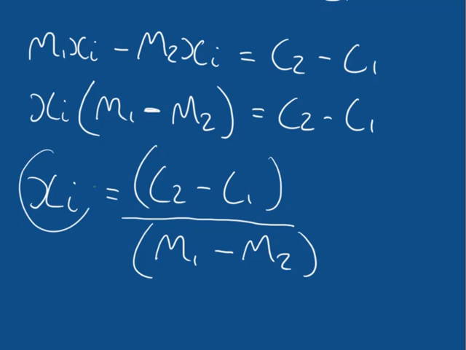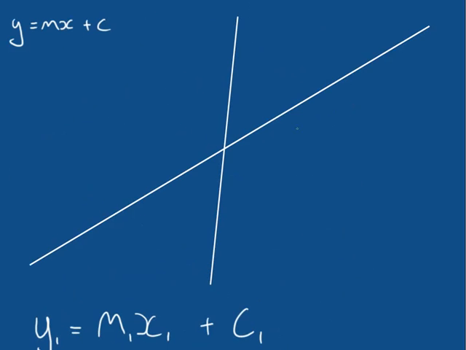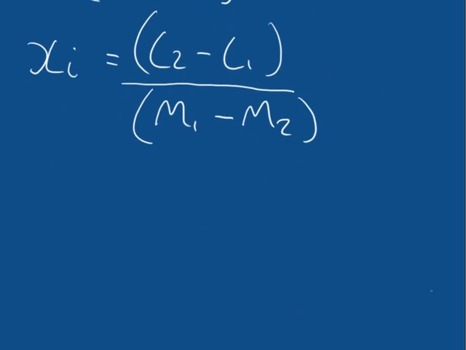Once we have that x-coordinate, we can plug it back in to either of these two equations, the equations of either line, because as we said, the point of intersection is the point where, when we put an x-coordinate into both lines, we get the same y-coordinate back. So we could use either line equation to get the y point of intersection.